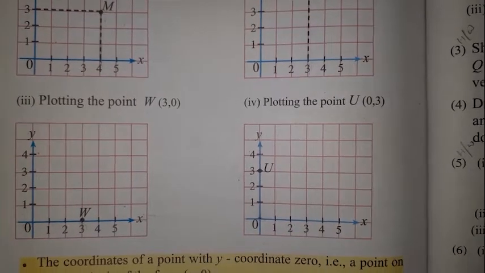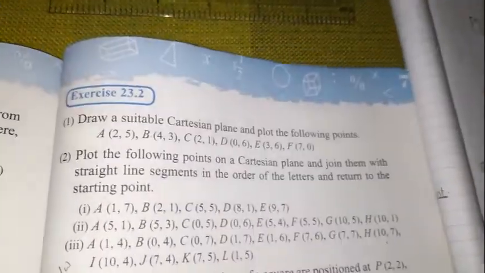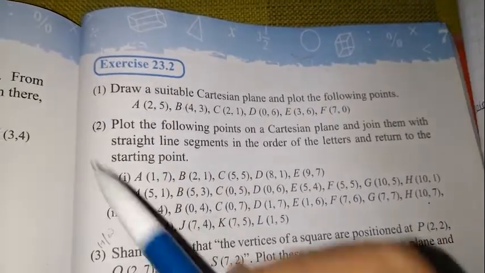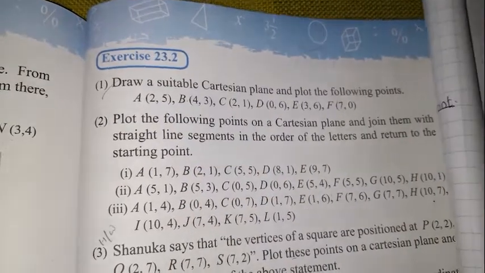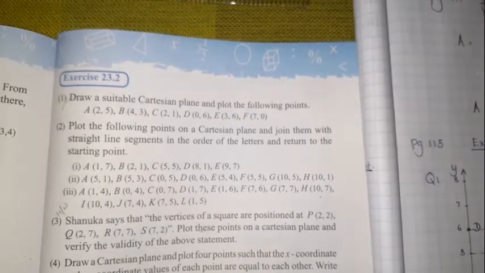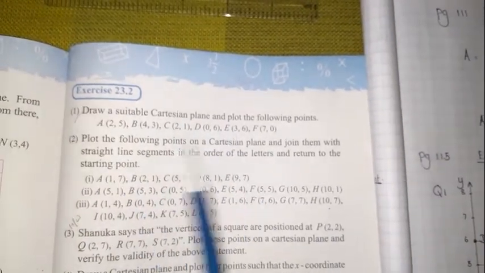Okay children, now page 115. Exercise 23.2. I am going to explain question number 1. Draw a suitable Cartesian plane and plot the following points. Now first of all, see what is the maximum number you have to take.